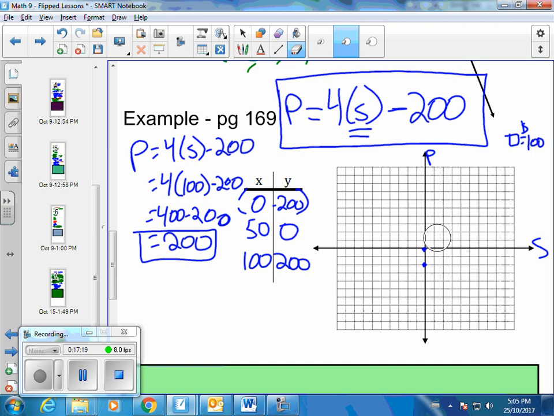If 50 students show up, so I'm saying now it's half of that, then the dance makes exactly $0. So that's my other point right there. And if 100 students show up, the dance makes 200 bucks.